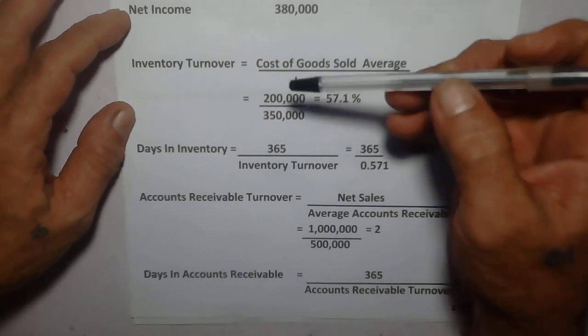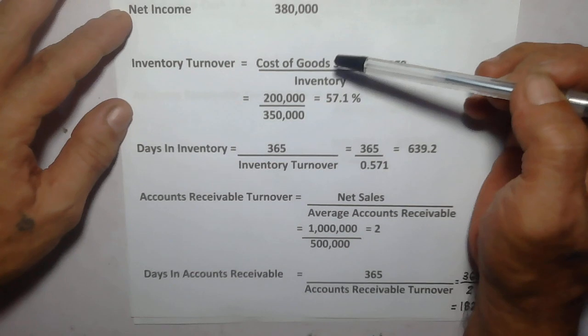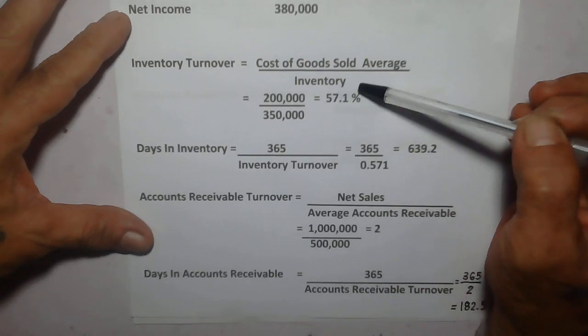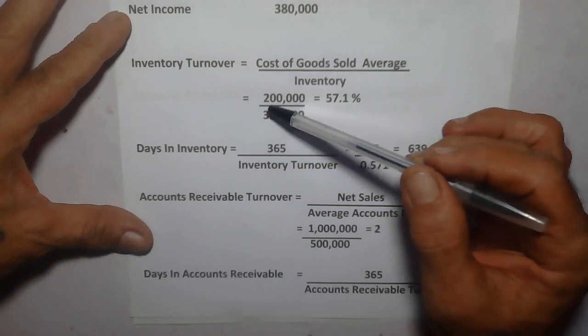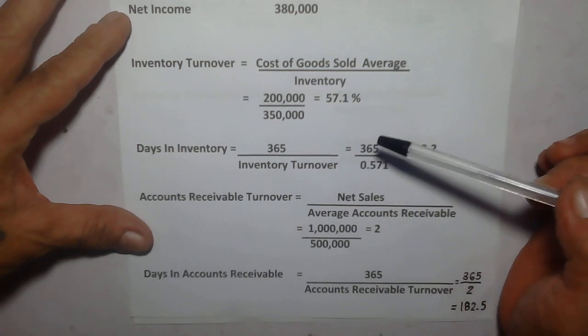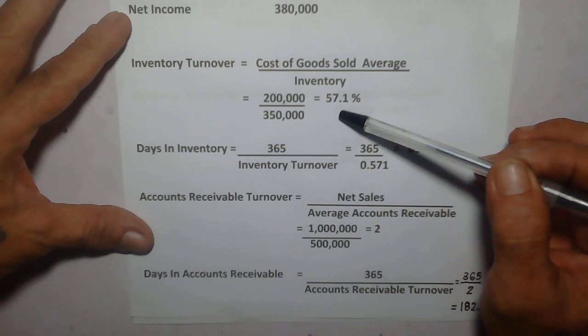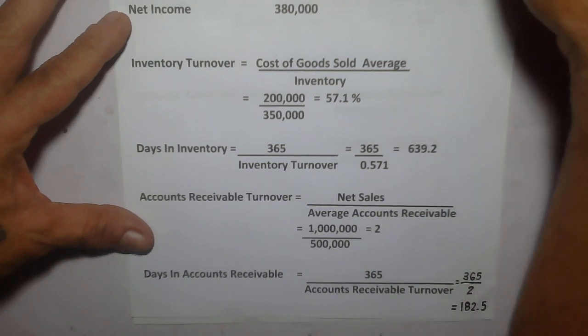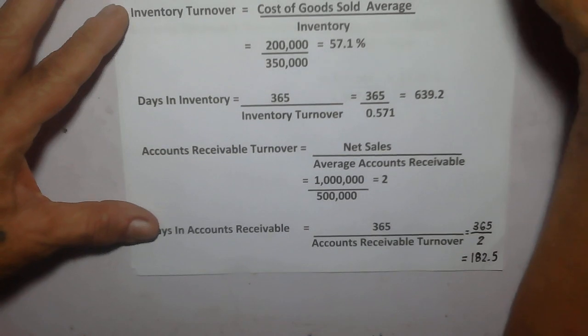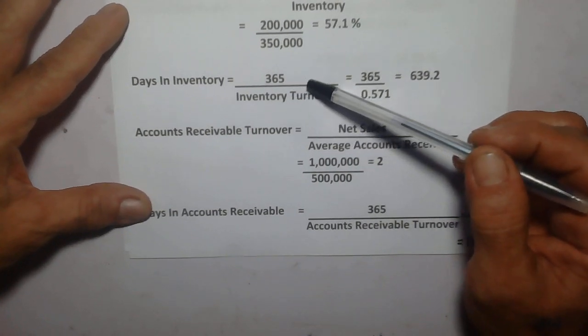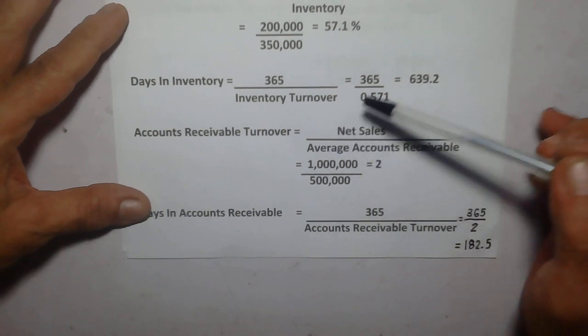We have the inventory turnover, whose formula is given as cost of goods sold divided by average inventory. So we have 200,000 divided by 350,000, and we get a rate which is equal to 57.1%. Then we have the days in inventory, whose formula is given as 365 divided by inventory turnover.